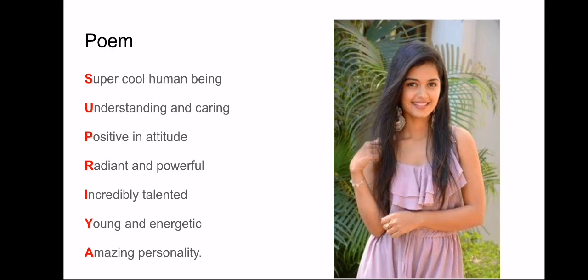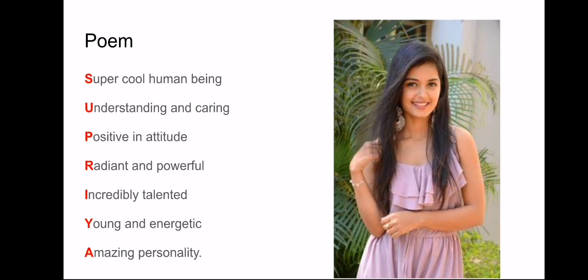So these are the words or phrases written in black which describe my friend very nicely. And the letters which are written vertically, forming the word Supriya, are the topic of my poem. So like this we write an acrostic poem.